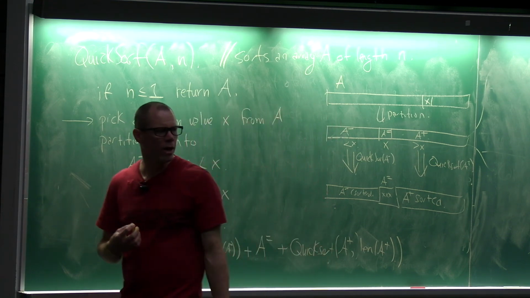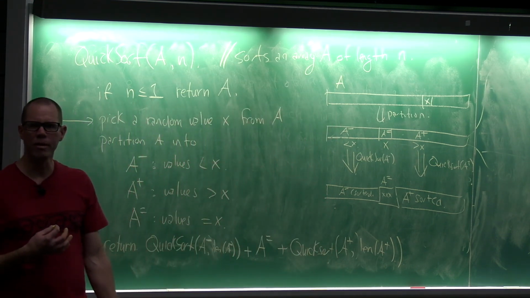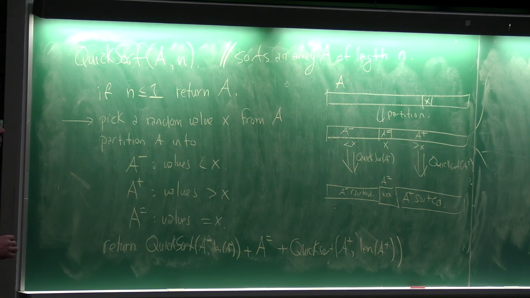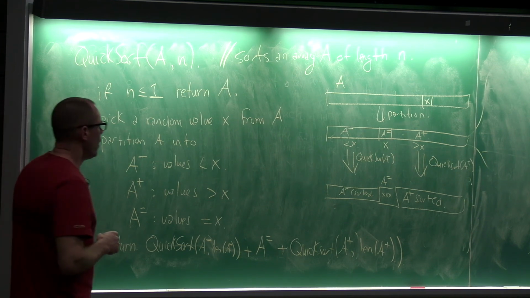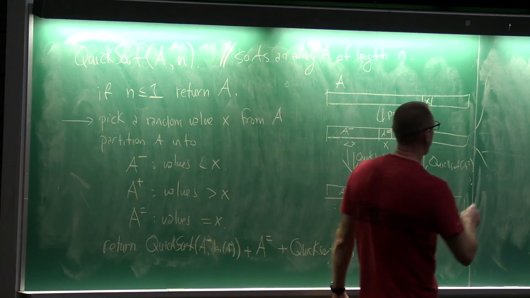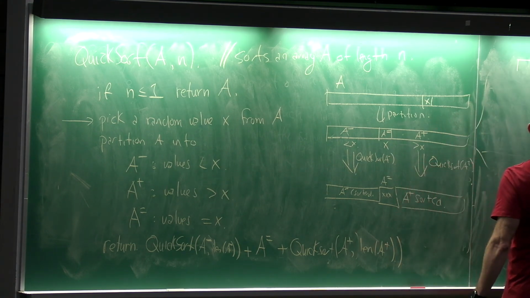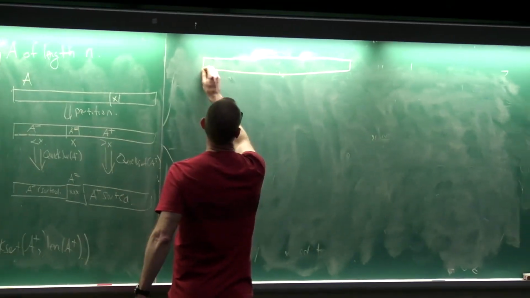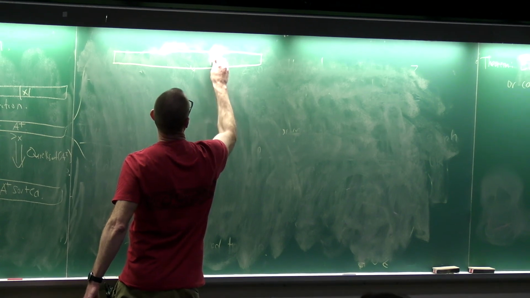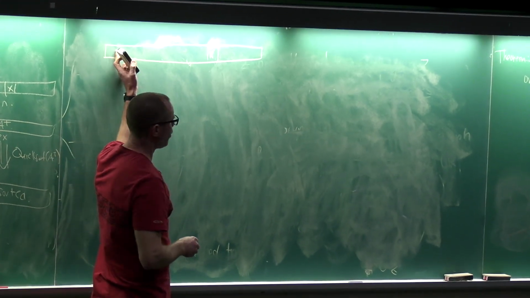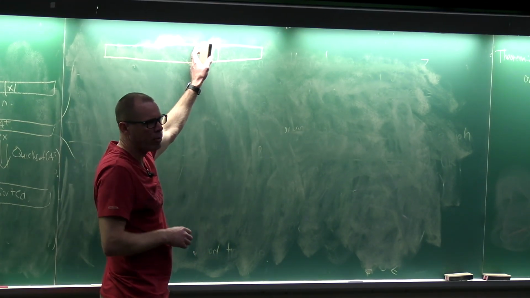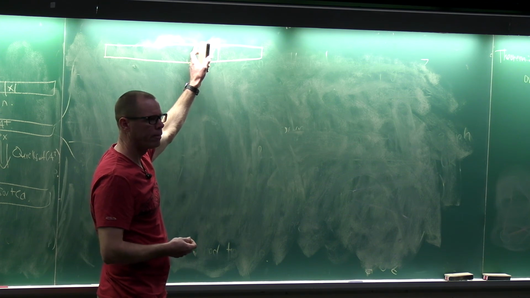What's the worst thing that could happen, or what looks like something really bad? Yep. Yeah. So if x is the smallest value in the array, right? Initially the array is not sorted, so even though we picked a random thing, that's not the first thing in the array, but it's anywhere, but we happen to hit the smallest one.